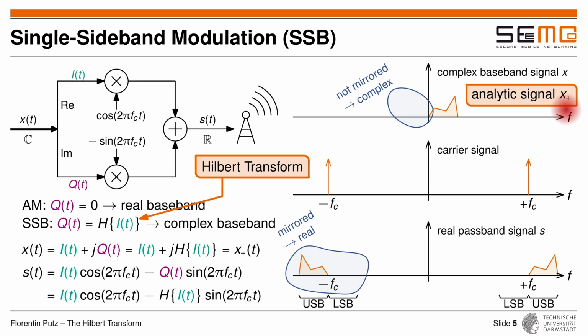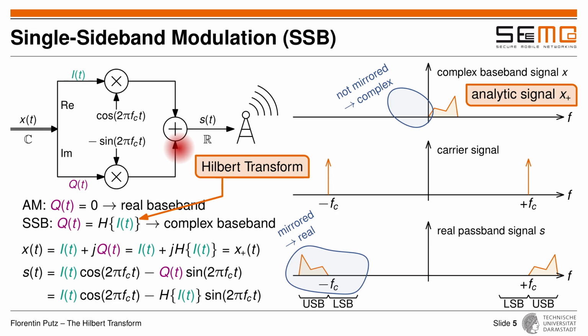Analytic signal X plus just means that it doesn't have any negative frequencies, so it just has positive frequencies. This is a complex signal, which is exactly the same as our real baseband signal before, but it just doesn't have the negative frequency components. And to construct this analytic signal, you apply the Hilbert transform and add it as an imaginary part of your baseband signal.